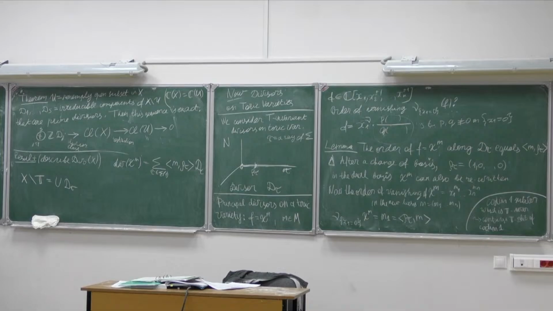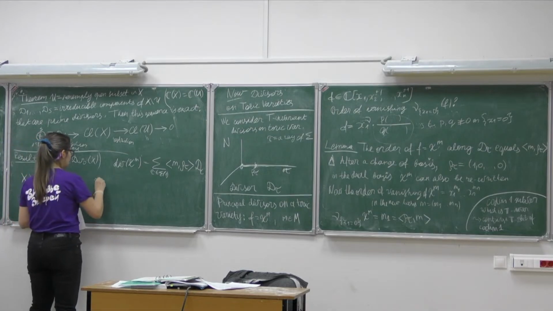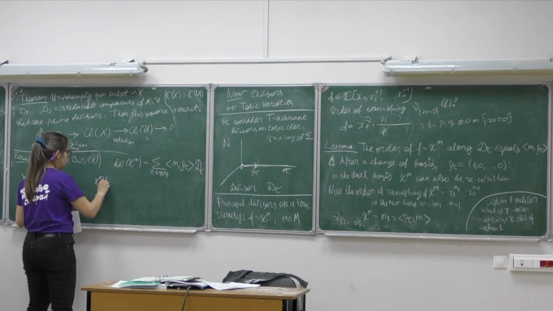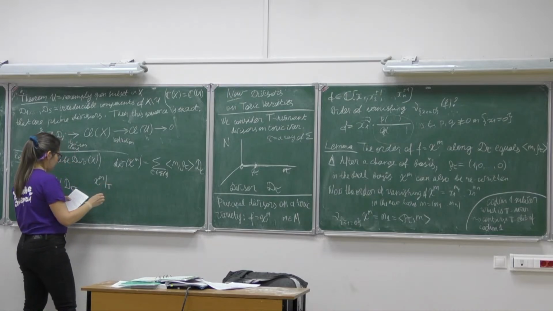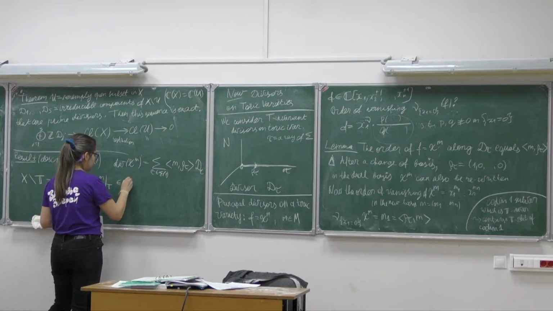And we know that the character chi m restricted to T is non-zero.